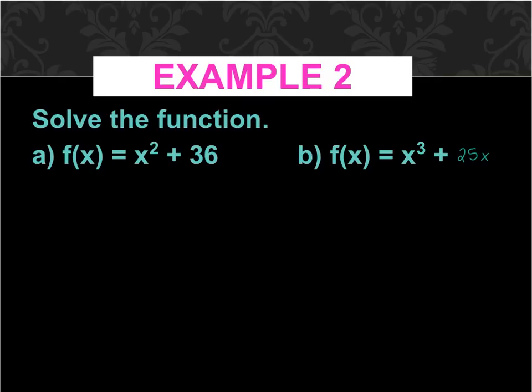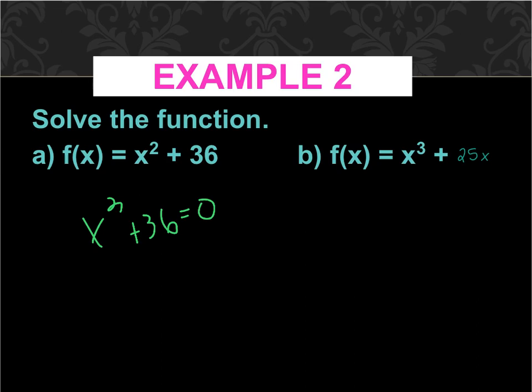Okay. Solve the function. How many answers should I get for A? 2. All right. Can I factor this? No. Guys, this is not the difference of perfect squares. It's not x plus 6 and x plus 6. If you multiplied x plus 6 times x plus 6, you get x squared plus 12x plus 36, not x squared plus 36. So in this case, you say x squared plus 36 equals 0, right?